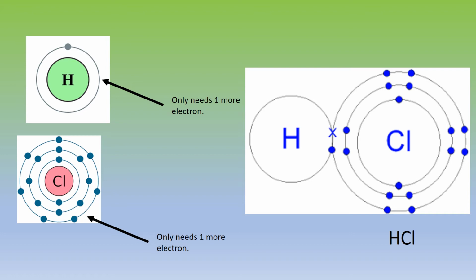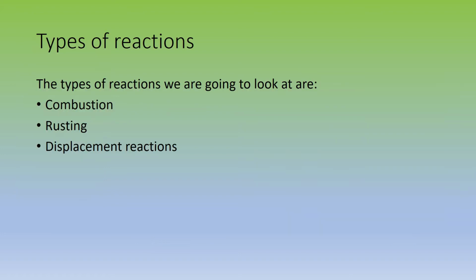There will be some questions on this, but we're going to move on to a slightly different side of this topic now. So we've talked about how electrons move around in electron configuration diagrams. We're actually going to talk about now some of the different types of reactions that you are expected to be familiar with, and some of them you will be familiar with anyway.